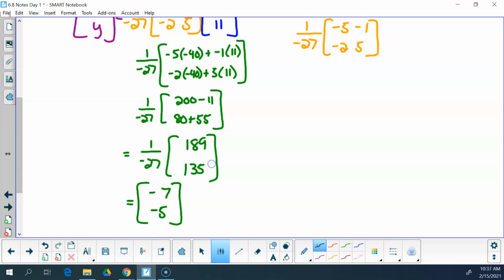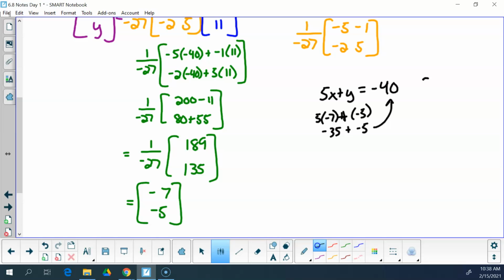So, first equation was 5 times negative 7 plus negative 5, which is negative 35 plus negative 5, which is negative 40.